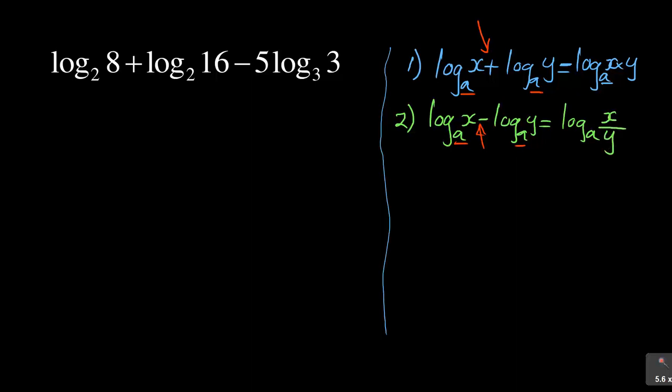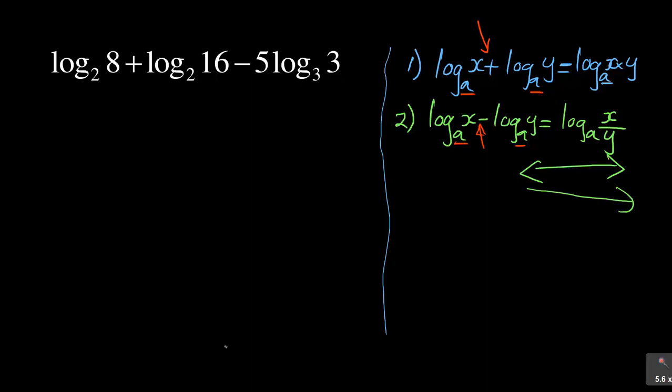That's how it's written. Remember, these laws go from left to right and from right to left. It depends how you want to write them, but for this particular question, we're moving from left to right.